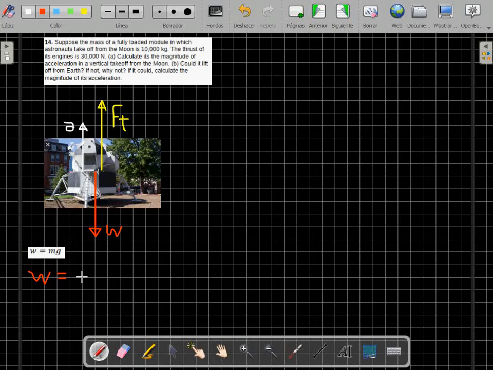The mass is equal once again to 10,000 kilograms times the value of the gravity on Earth, which is equal to 9.8 meters per squared seconds.